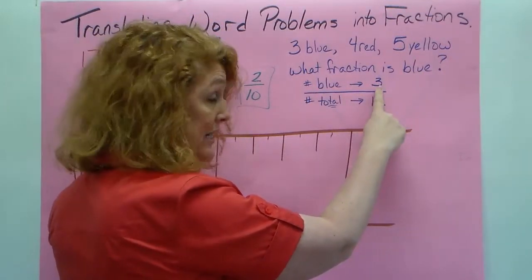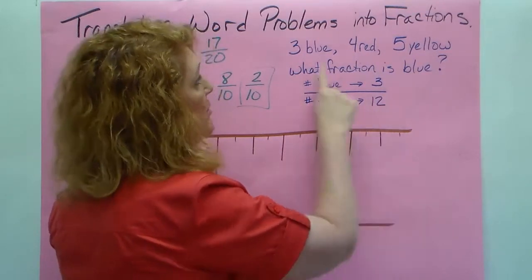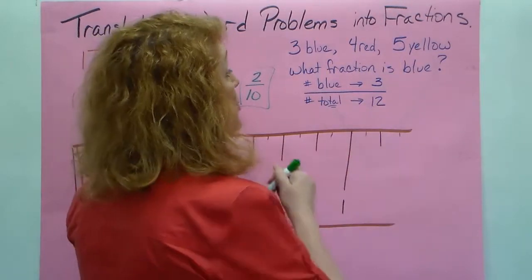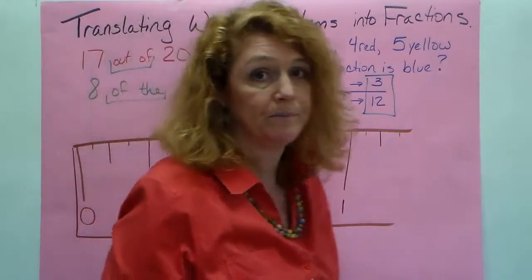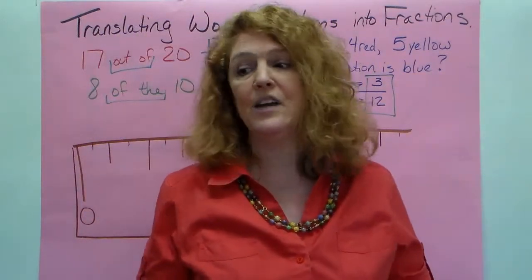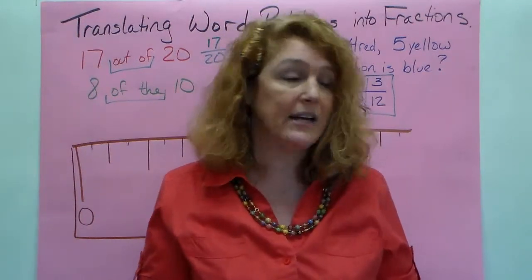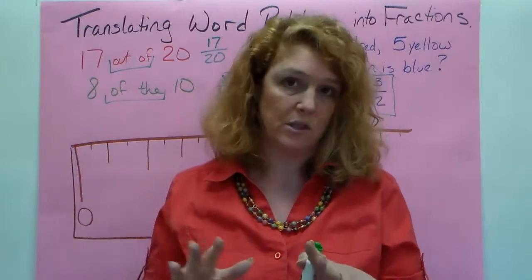So they want blue on top, but they want the total number of marbles on the bottom. So you've got to add 3 plus 4 plus 5 to get 12. So your answer is going to be 3/12. Okay? And you'll have a few of those on your homework too. So look through the examples and the guided practice on page 213 and have a look at what those look like.